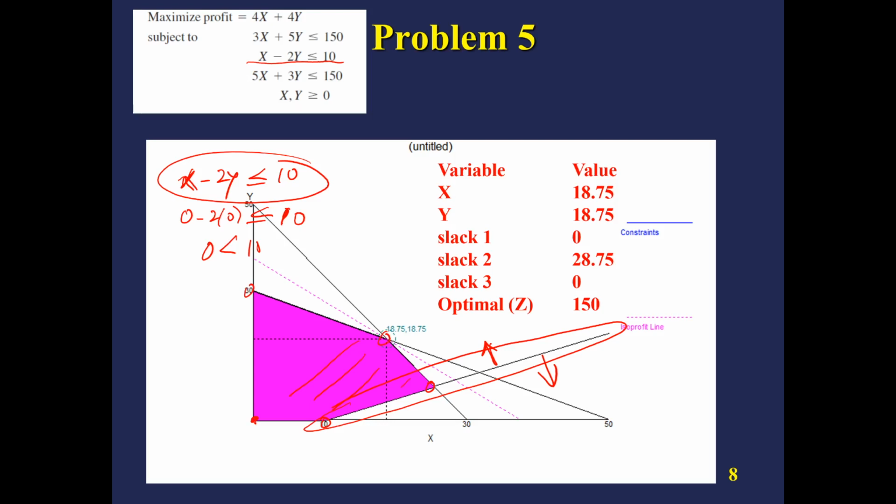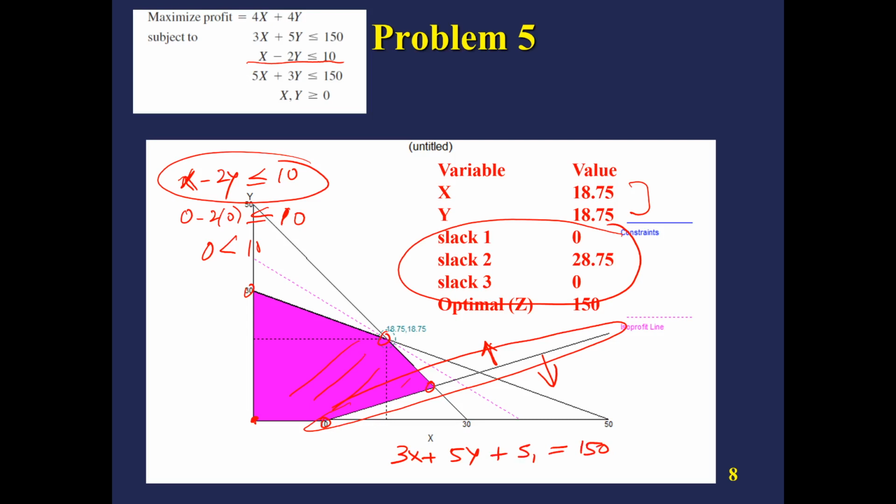These slack values are also calculated. Once we have the optimal solution, we just put these values in the constraints to find out what the slack values are, because slacks are added when you make the equality. For example, the first constraint 3x plus 5y plus S1 equal to 150.